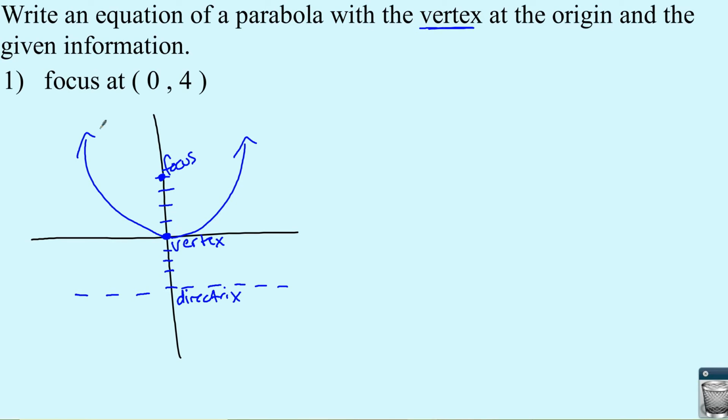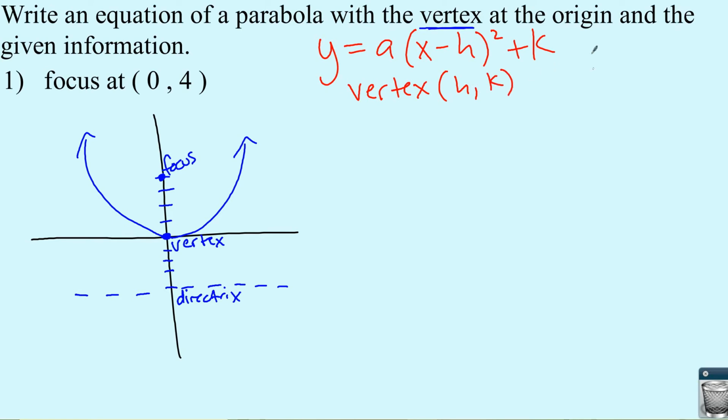So we want to write an equation. I like to write things in vertex form: y equals a times (x minus h) squared plus k. Our vertex is (h, k). And I learned a new formula, 4ap equals 1.